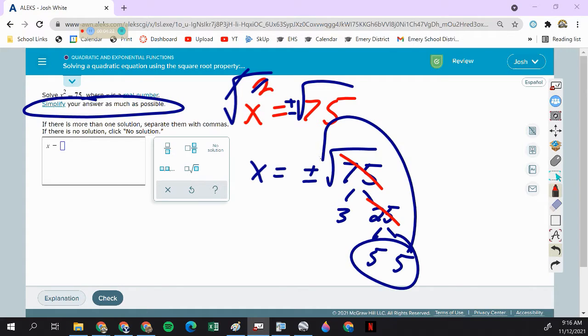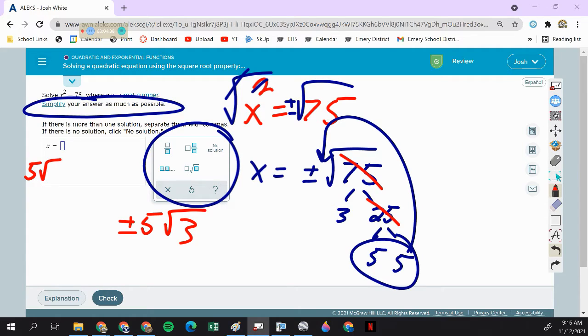So I bring a set of 5s to the outside, plus or minus 5 times the square root of what's left? 3. Now, there's no plus or minus button here, so we have to type them in separately. So our answers would be 5 root 3, comma, negative 5 root 3. Okay?